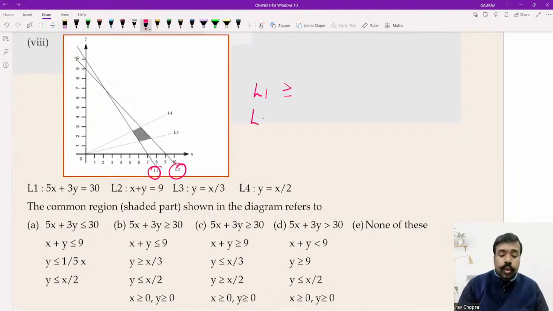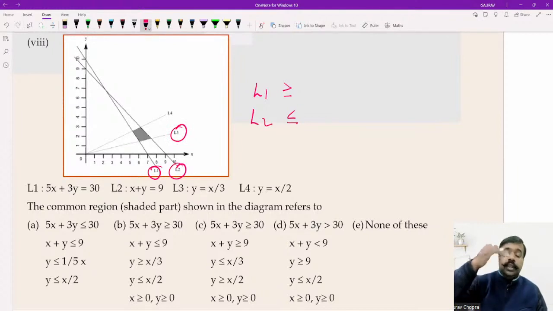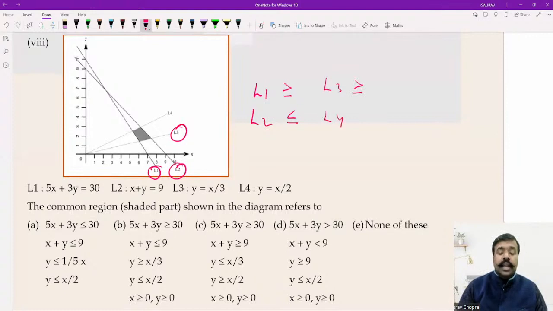So L2 will be having less than sign. Then L3 is having its area in the outside part. So L3 will be having greater than or equal to sign. And then L4 is having the area inside. Since it is inside, we will mark it as less than.